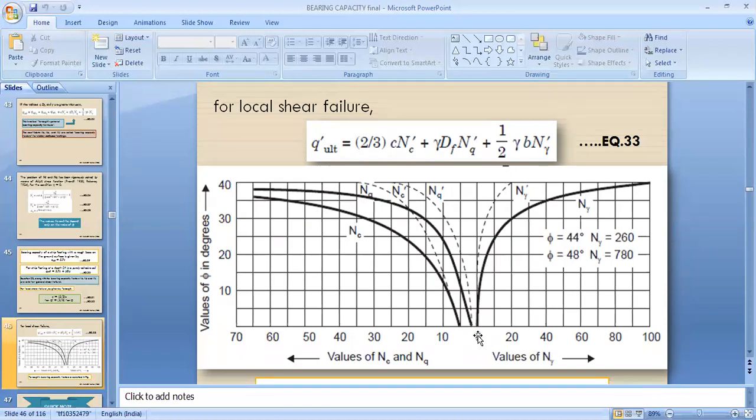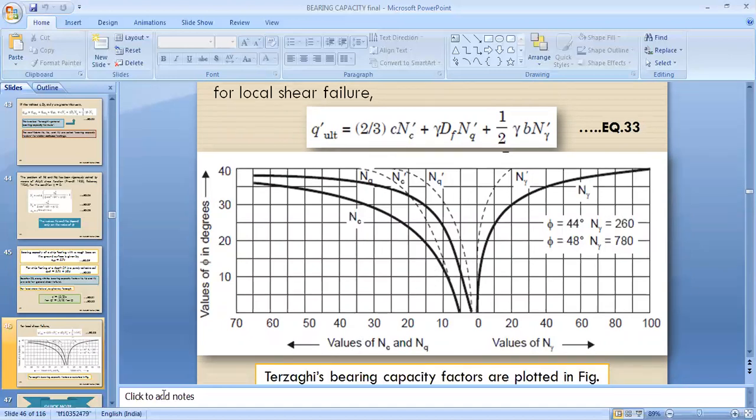Now, this diagram gives you an idea of how we can get the values of Nc, Nq, N gamma for different values of phi, because they are bearing capacity factors whose values are totally dependent on the angle of internal friction.